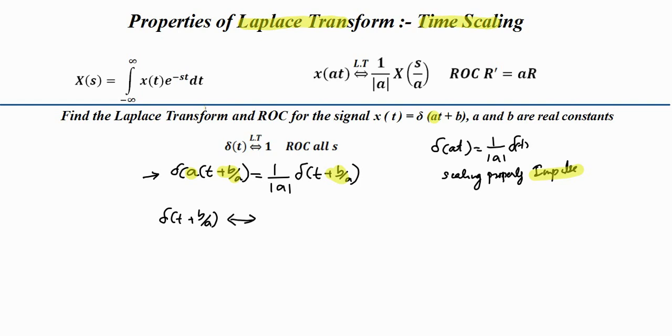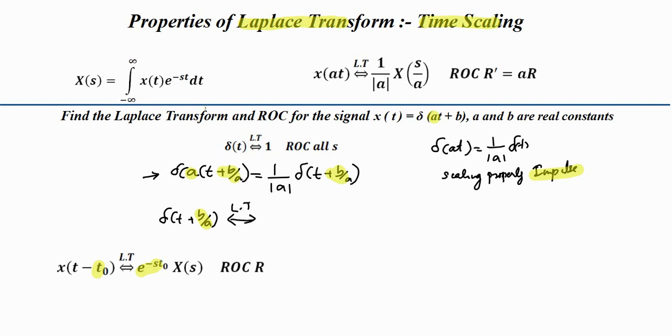Now we need to find the Laplace transform of this particular signal by applying the time shifting property, which we already discussed. If there is a signal and the time shifted version is available, you need to multiply by the exponential term e raised to minus s into t0. Now in place of this t0, it's plus b by a.